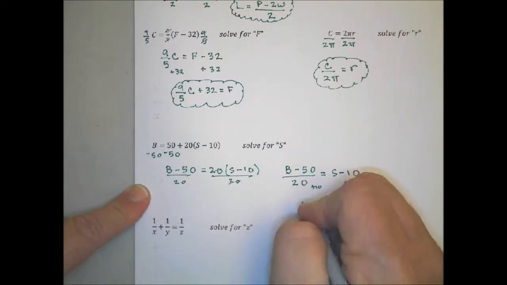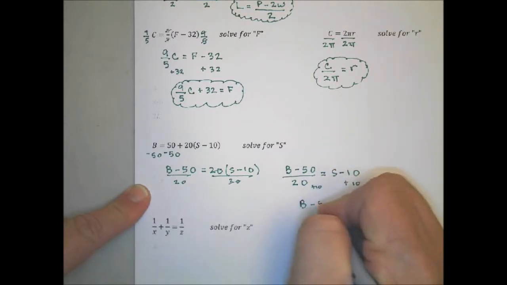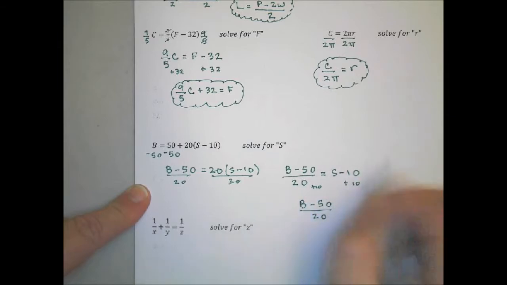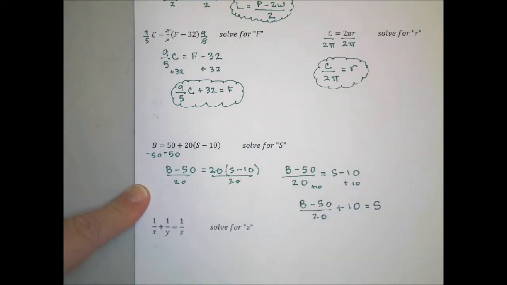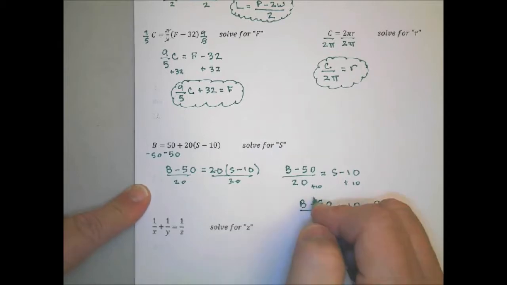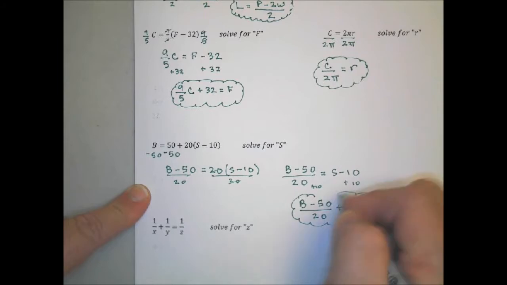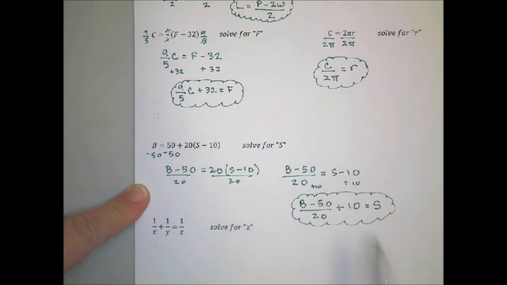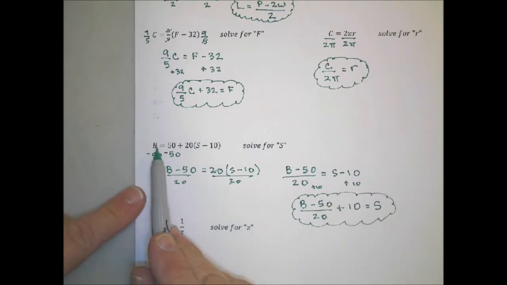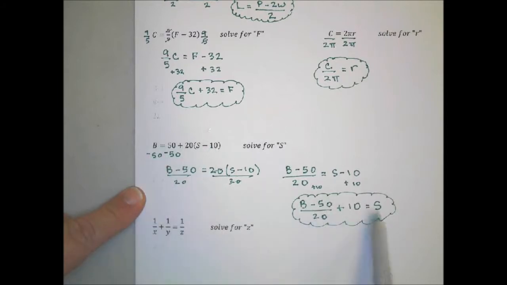So I'd be left with B minus 50 divided by 20 plus 10 equals S. And that would be the same equation. These are equivalent equations. Only thing is, in its presented form, it was solving for B, and I changed it to where it's being solved for S.